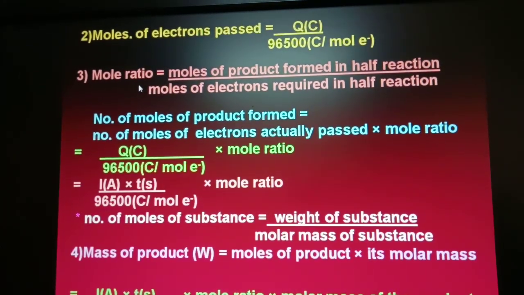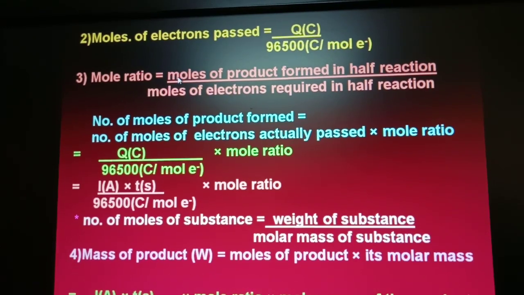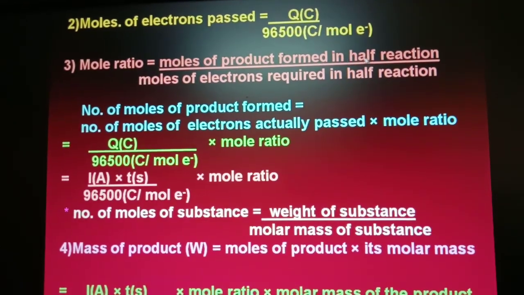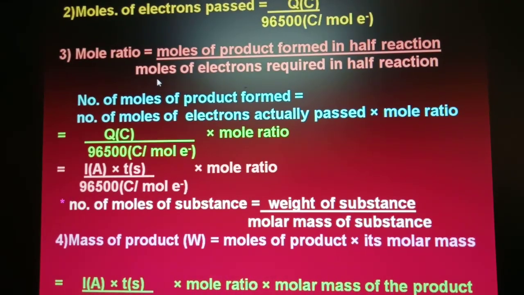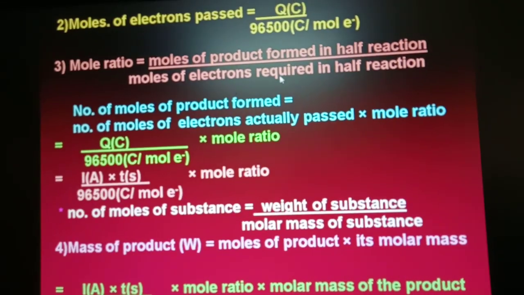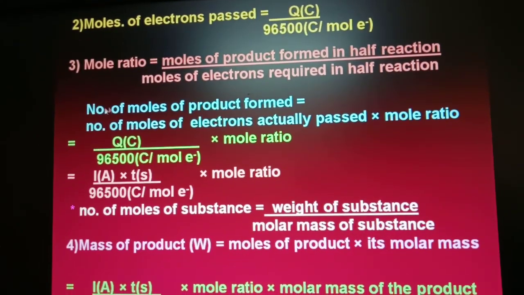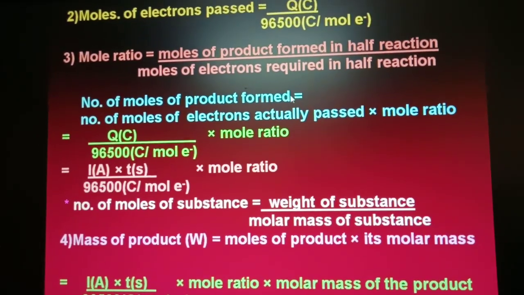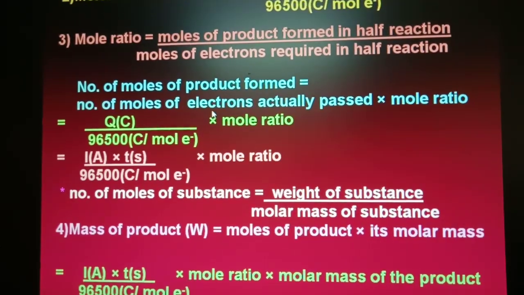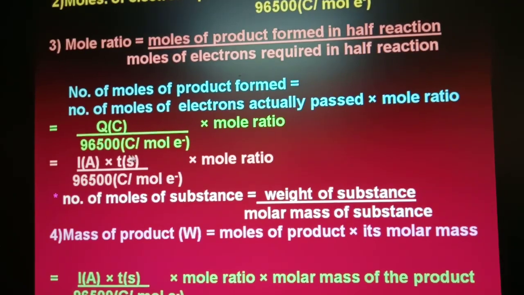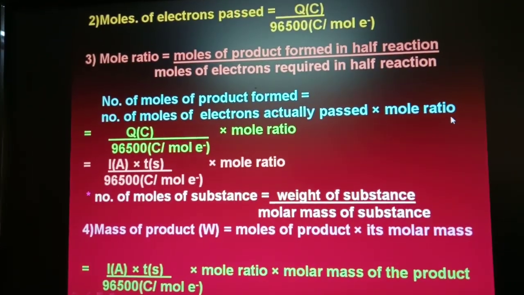Third point, mole ratio. Mole ratio can be calculated by taking the ratio of moles of product formed in the half reaction divided by moles of electrons required in the half reaction. Number of moles of product formed can be calculated by taking number of moles of electrons actually passed multiplied by mole ratio.